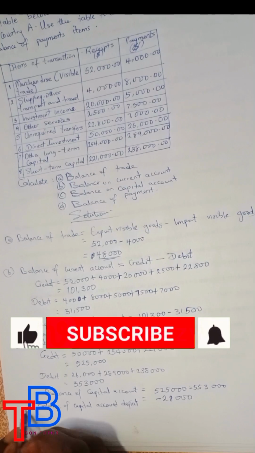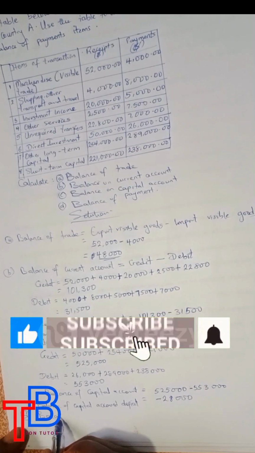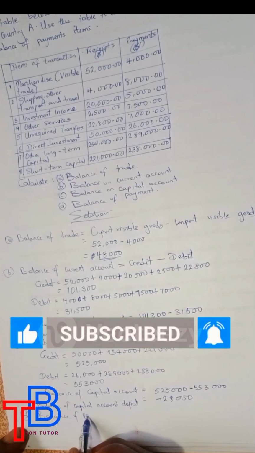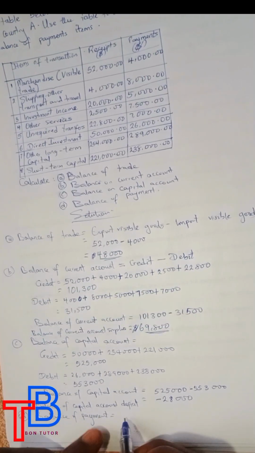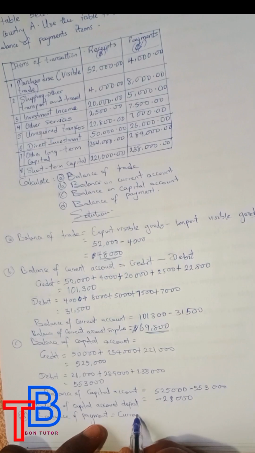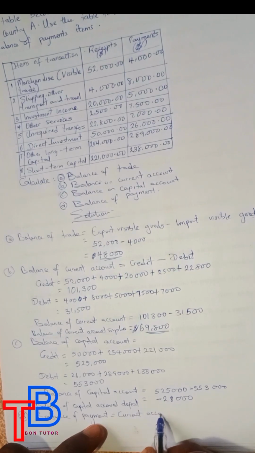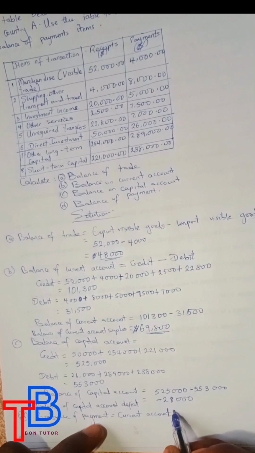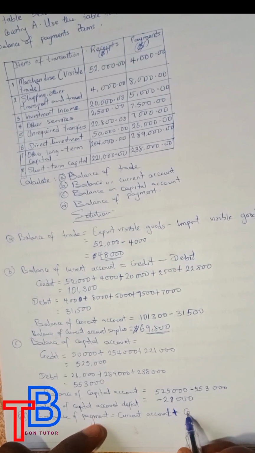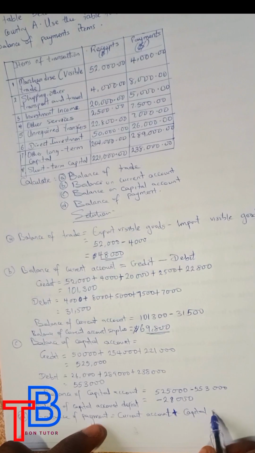So now the third one, which is the balance of payment. Balance of payment is equal to your current account, that is balance of current account, plus your capital account.